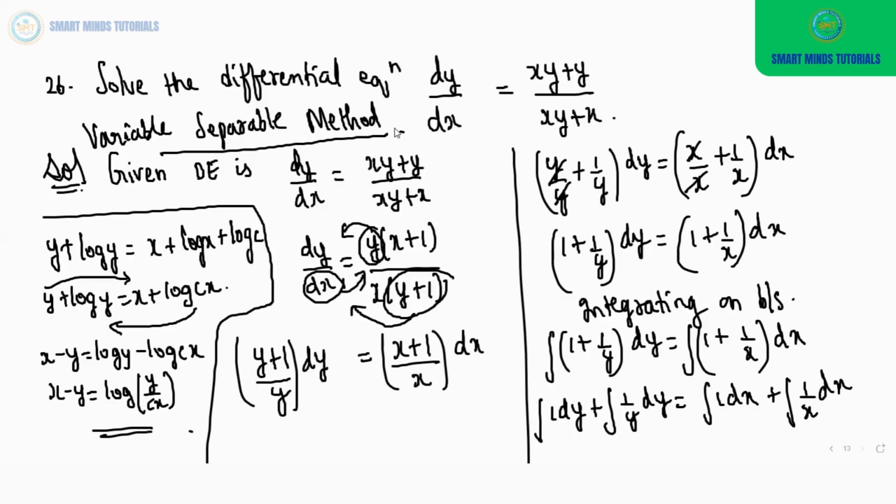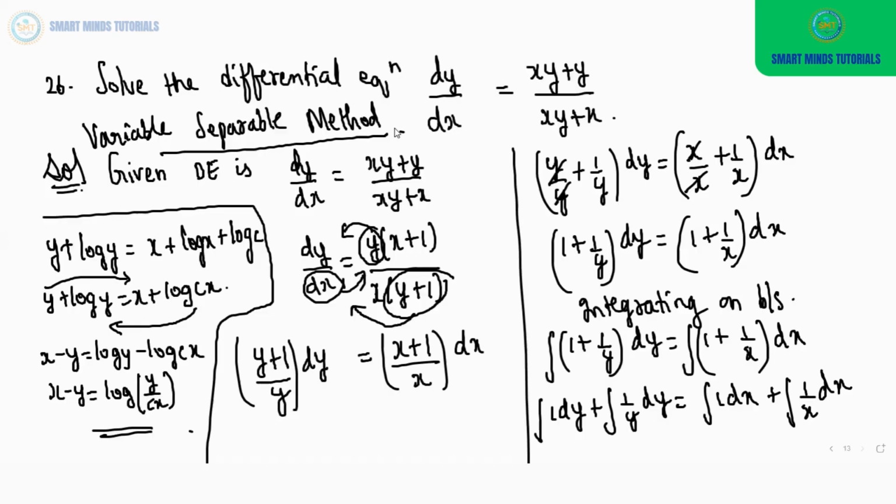You are separating the variables, integrating. First, I took x and y common in the first step. Then I separated x and y terms. After separating, I cancelled. Then integrating on both sides. After putting the integral symbol, I separated again.